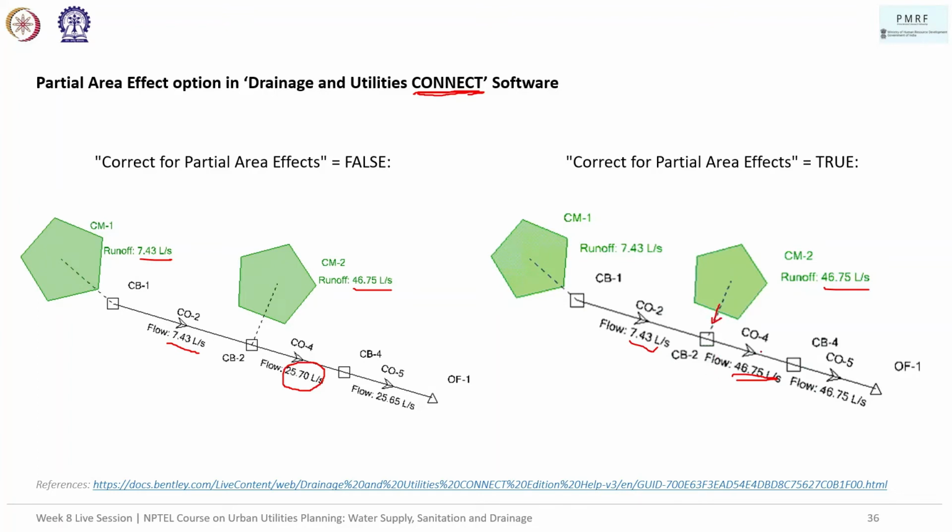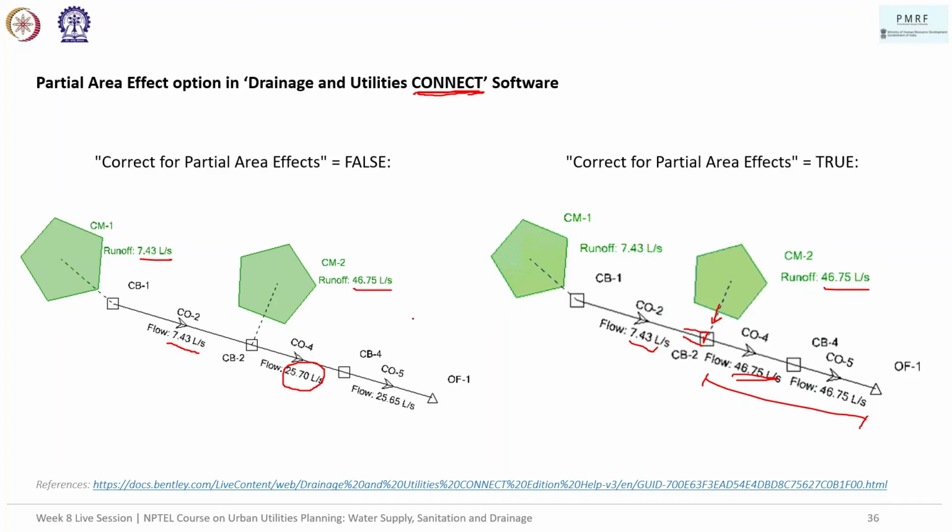Which means if your pipeline cannot handle that flow, you'll have to create a much bigger diameter from this point or gradually from this area. So the cross section of this stretch of the pipeline needs to be modified. That is why we take the partial area effect into consideration.